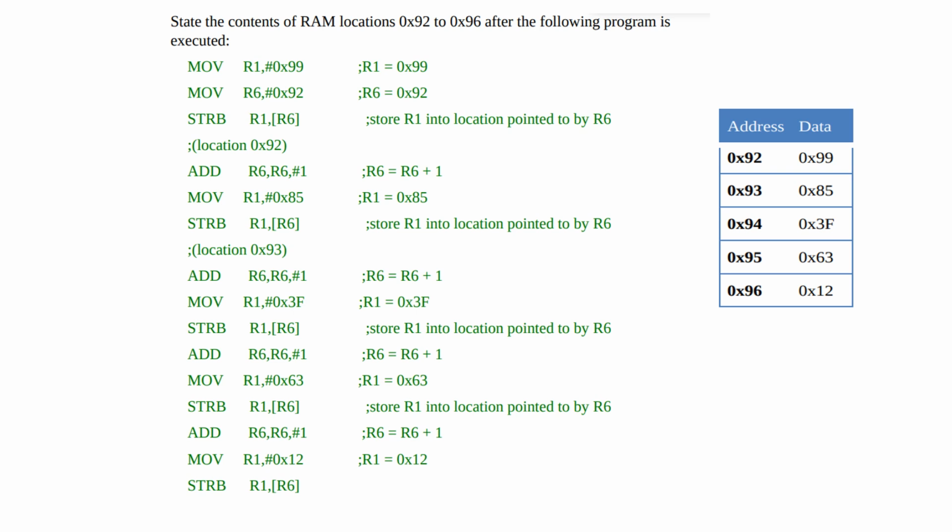Again the same procedure, ADD R6, #1, so now R6 becomes 96. Then again MOV R1, #0x12. So 12 will enter into R1, STRB R1, R6, 12 will enter into the location pointed to by R6, that is 96.